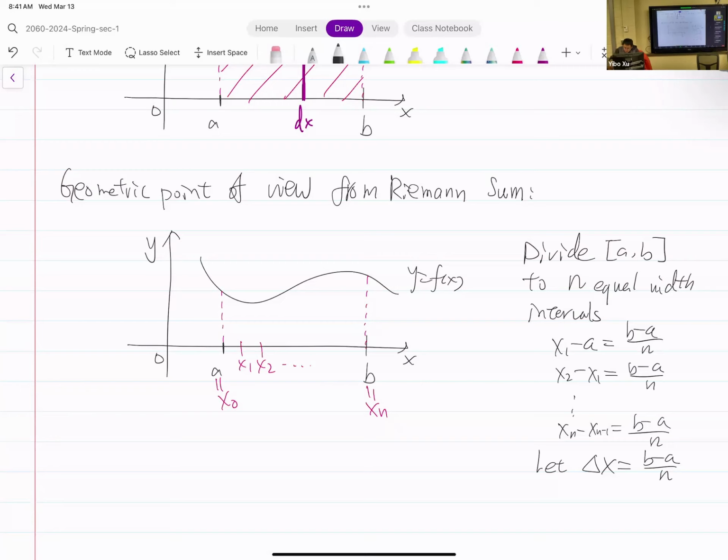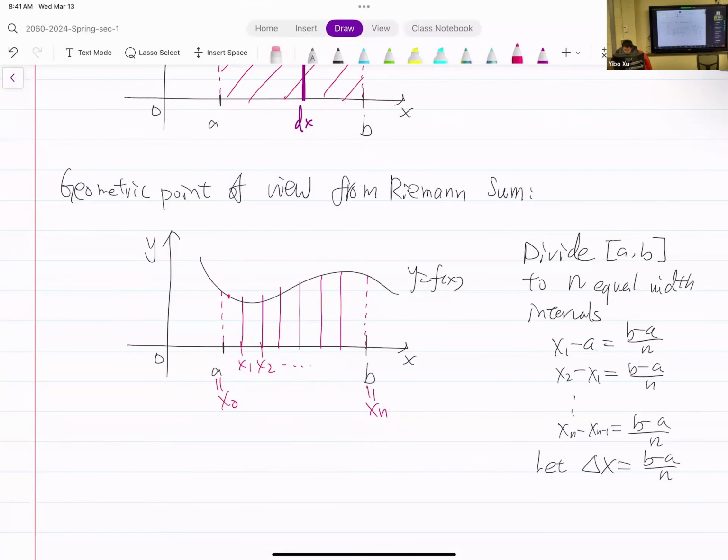All right, now we do the subdivision, and then we draw the vertical lines up, and this breaks the figure into pieces of equal width, something like this. The width is delta x, right? For every strip, let's say this piece, when we do the Riemann sum, you can choose the midpoint to give you the estimation of the height, or you can utilize whatever sample point. Here, let's just choose one.